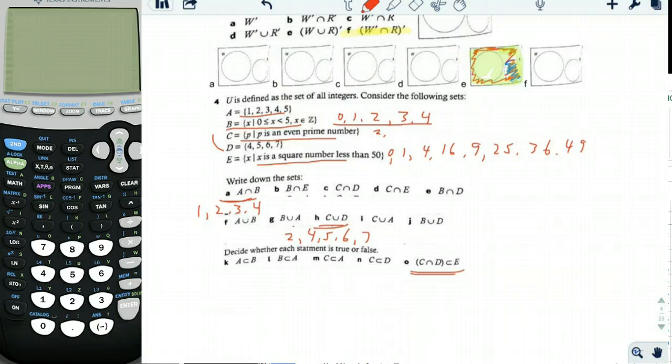C intersect with D. So that would be like which numbers are common between these two? Nothing. Okay. And then is empty set a proper subset of E? And remember, an empty set is not a proper subset of any set, so no, that would be false.